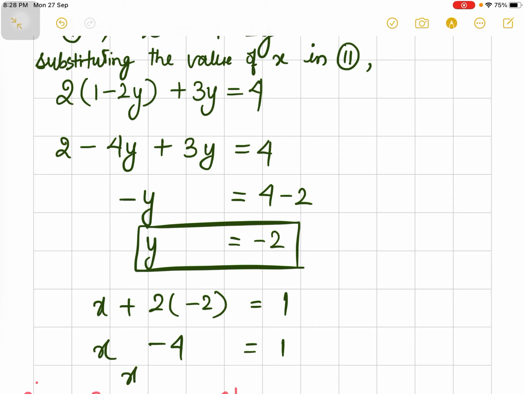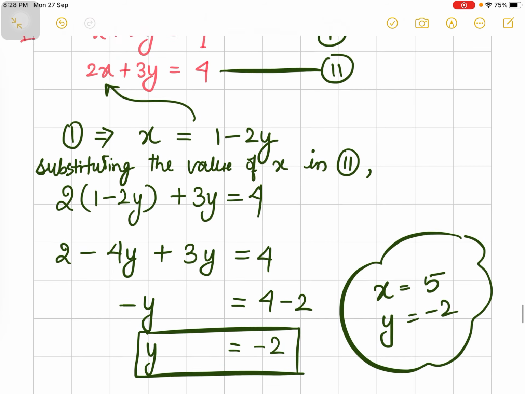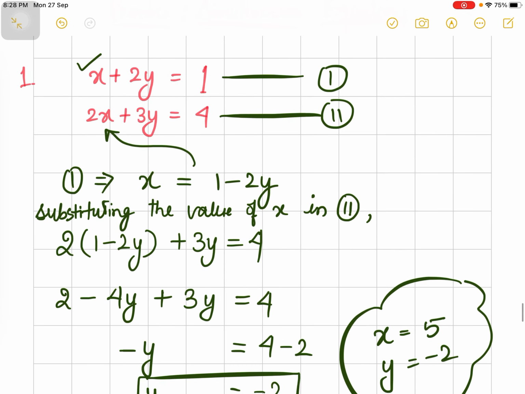So your x becomes, minus 4 goes there and becomes plus 5. 1 plus 4 is 5. This is the answer of x. So your final answer is x equal to 5 and y equal to negative 2. Hope this makes sense. And this method that we applied was called the substitution method.